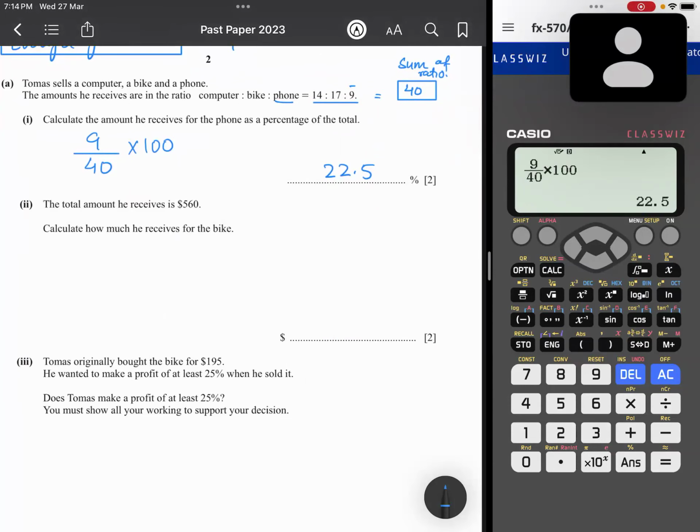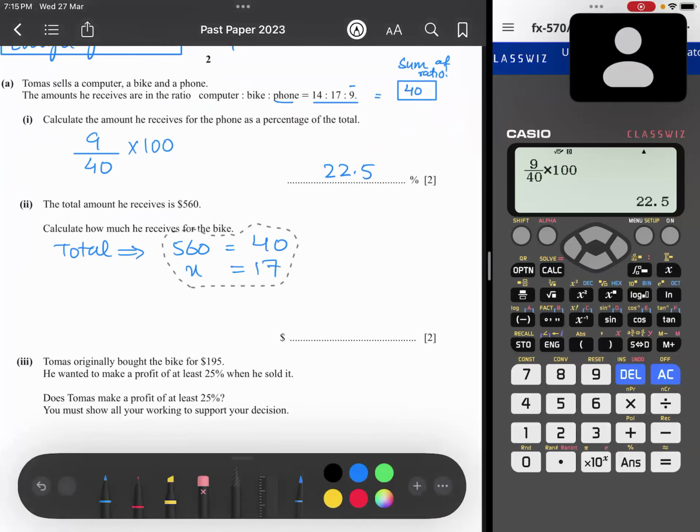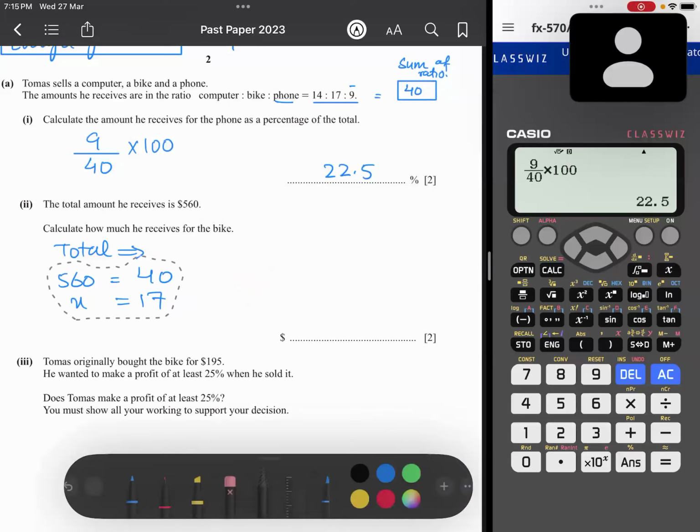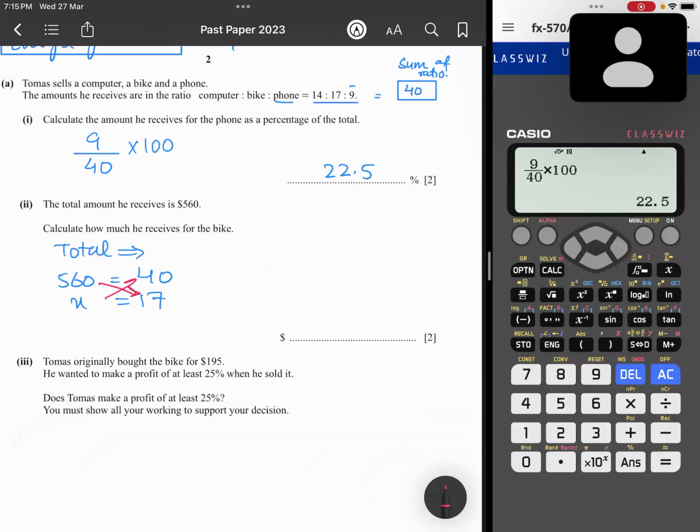Okay, the total amount he receives is 560. How much does he receive for the bike? So, beta, we know that total is equal to 560, and 560 is 40 parts. So calculate how much he receives for the bike. So bike is 17. So x is equal to 17. So what I'm going to do is cross multiply this in order to get the answer.